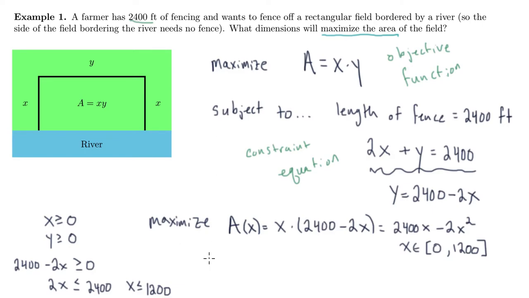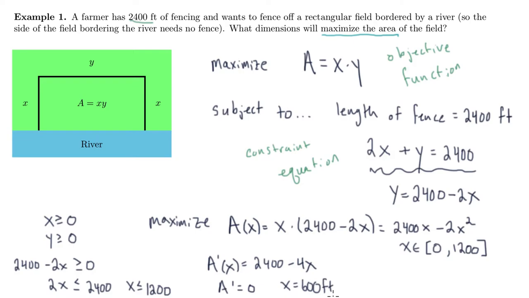So if I take the derivative and set it equal to 0, that's 2400 minus 4x. If I set A prime to be 0, what do I get? I get that x is equal to 600 feet. So I have one critical point.